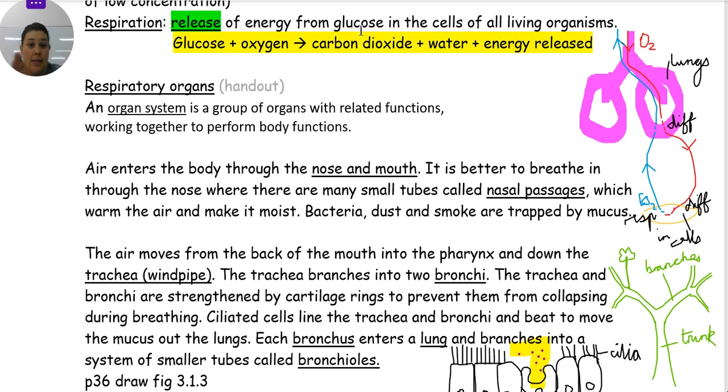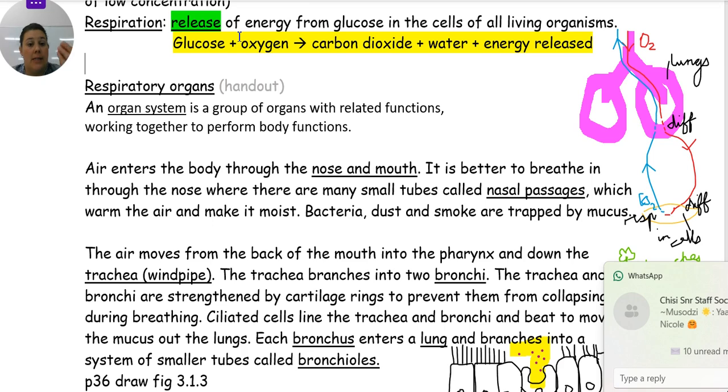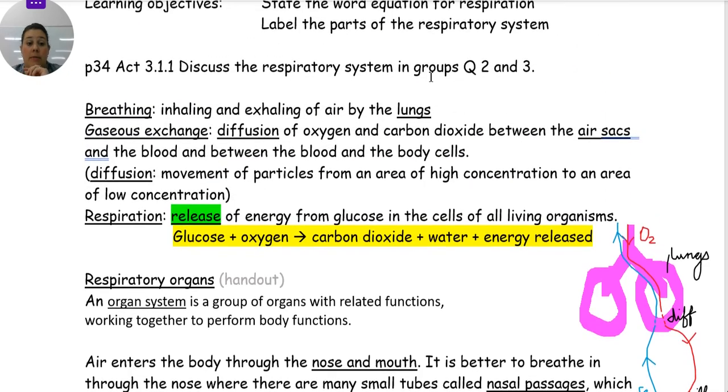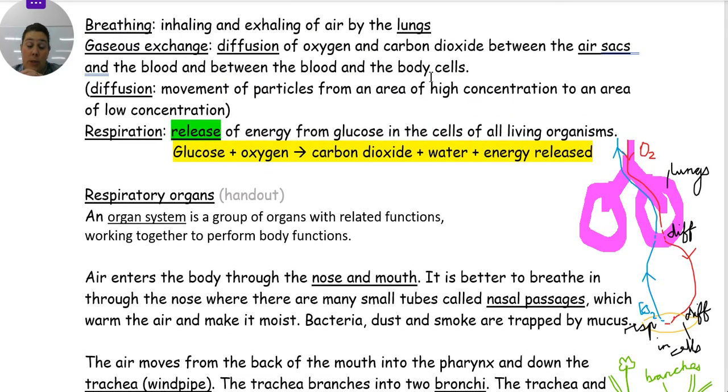Photosynthesis is carbon dioxide plus water, giving you glucose and oxygen. Respiration is the other way around. The glucose and the oxygen combine to give you carbon dioxide, water, and energy. Energy being the important part there. So learn these three definitions, be able to recite them for me, but also be able to explain what is happening in breathing, gaseous exchange, and respiration.